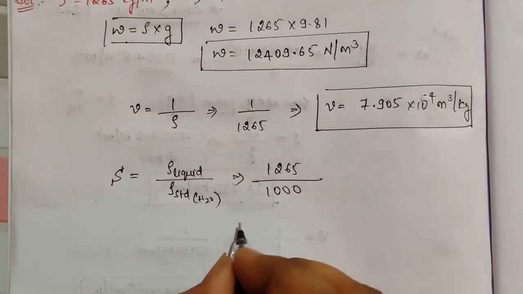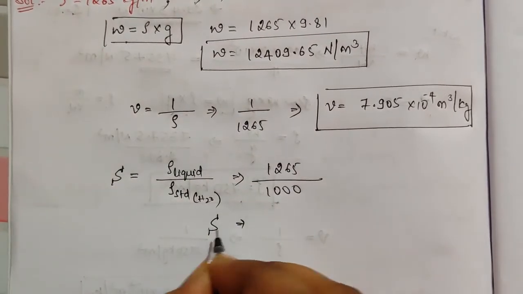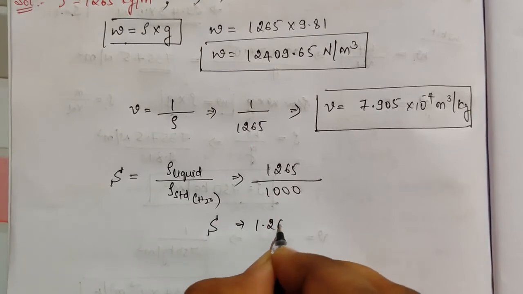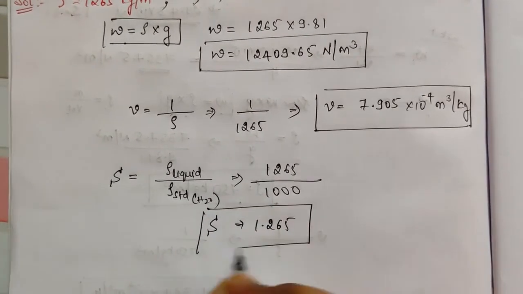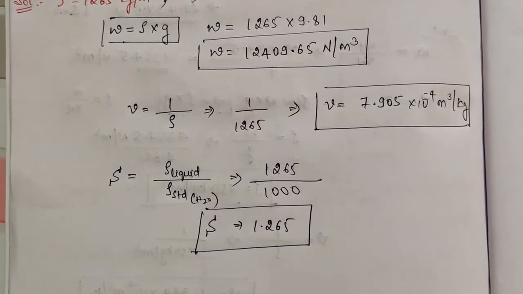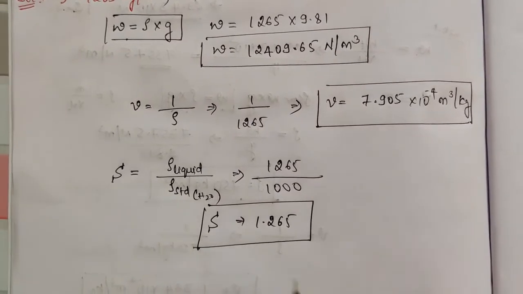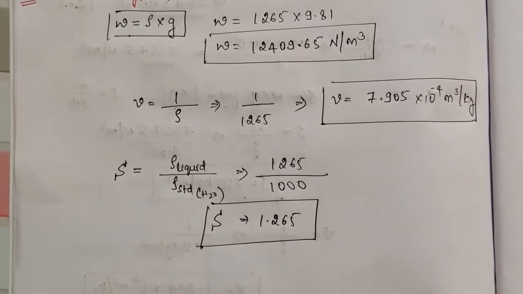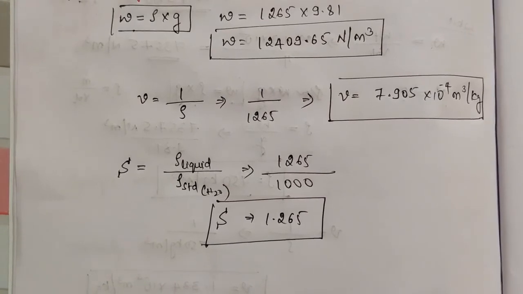So specific gravity is 1.265, and it is a dimensionless quantity. 1.265 is the specific gravity. Easy, right? Now next I will go to another problem.